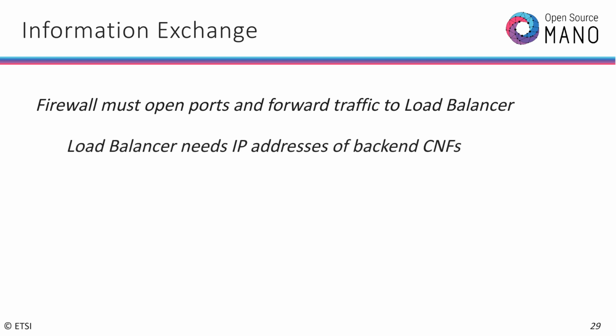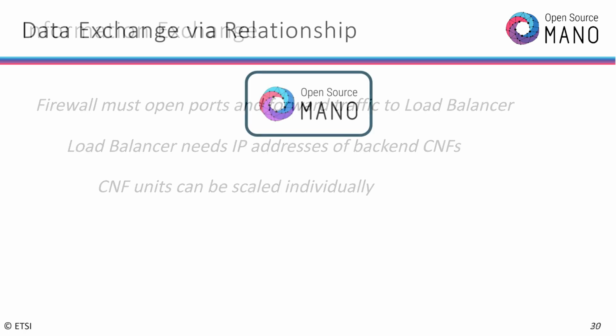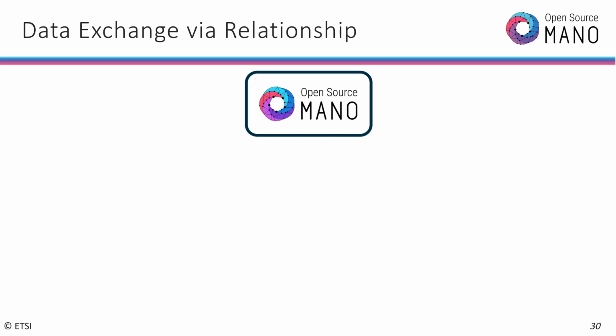The load balancer will need to know the IP addresses of the backend CNFs or whatever ingress is exposed from them. And the CNF units or even the load balancer itself could be scaled individually. So all of these things need to have a coordination between each other in order for the end-to-end traffic flow to work.